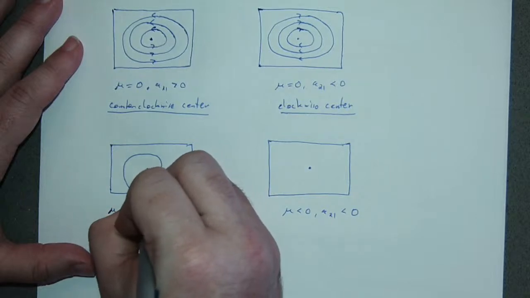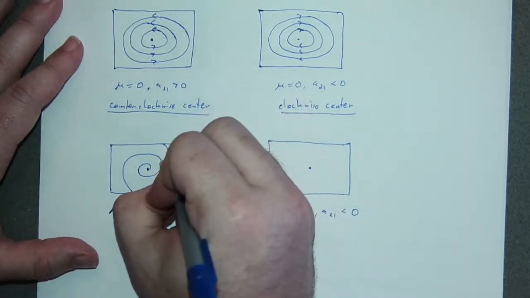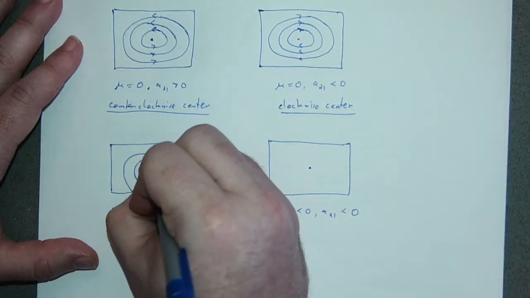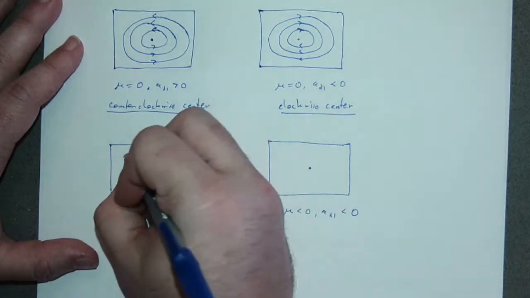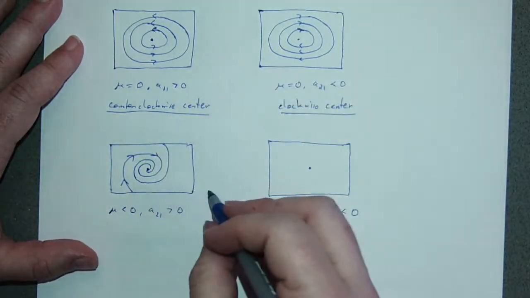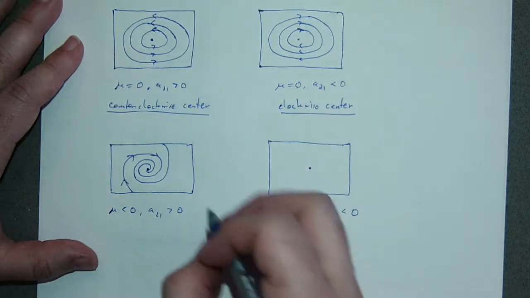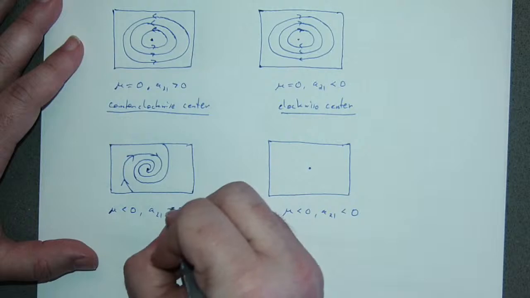It spirals in like this. Maybe here's another part of the spiral. And I get a clockwise spiral in towards the origin. Or sorry, let's fix this. Rather than redraw the picture, I'm going to just change this.